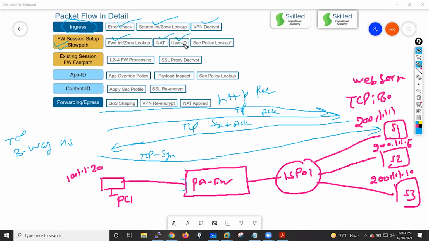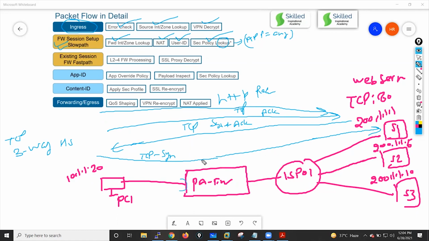If user identification is applied, then they check the user identification, and after that they will apply your security policies on the basis of your source IP, destination IP, source port, destination port, and zone details, right? And here they will consider application as any. When they do the lookup into policies, at this particular point of time they will use application as any. Okay.